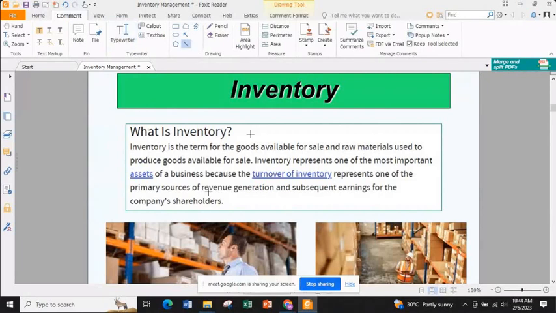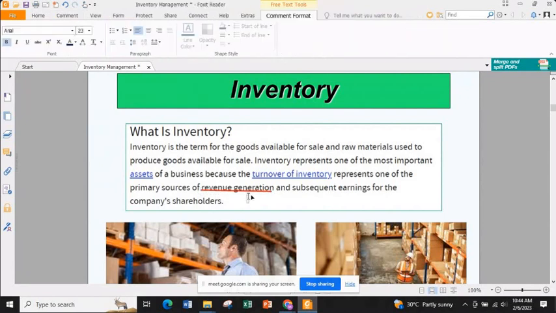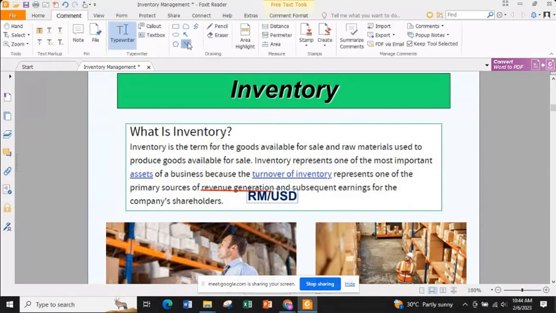So when we talk about inventory, it is an output. Output is revenue generation. When we talk about revenue, we talk about RM, ringgit Malaysia, or USD. And subsequent earnings for the company shareholders, so subsequent earning is profit.